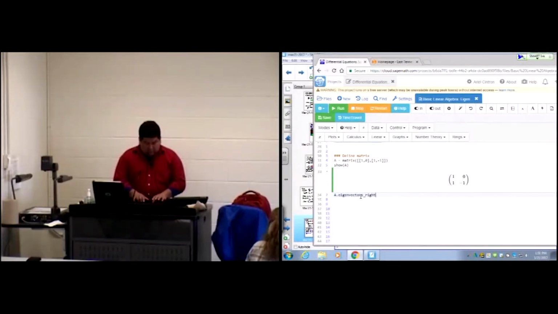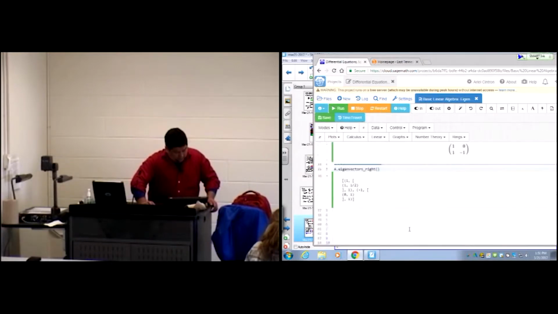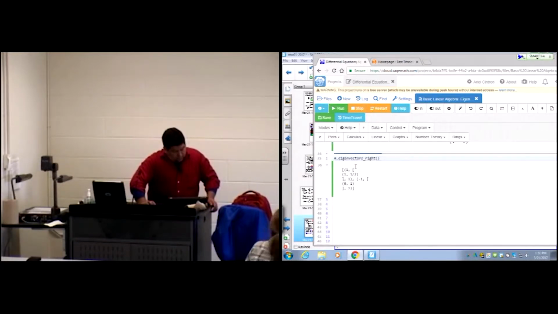So lambda 1 equals 1, and v1 has entries 1, 1/2.